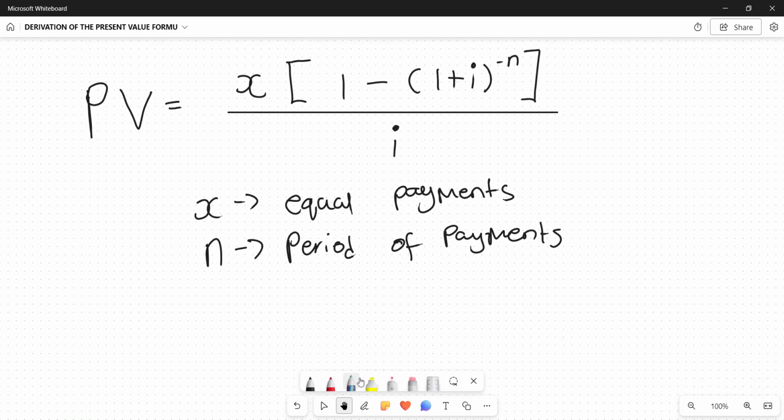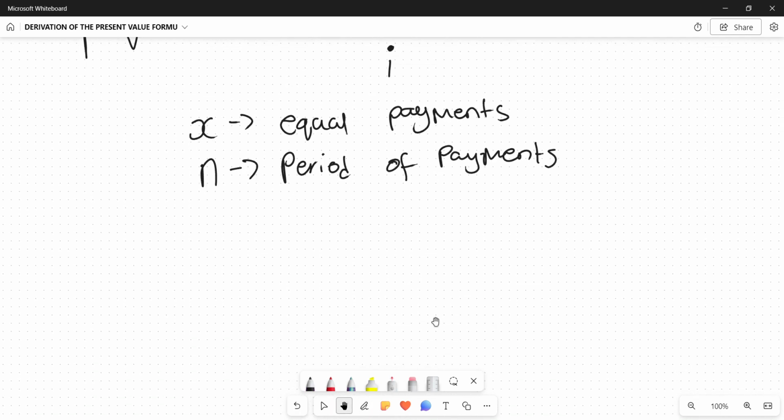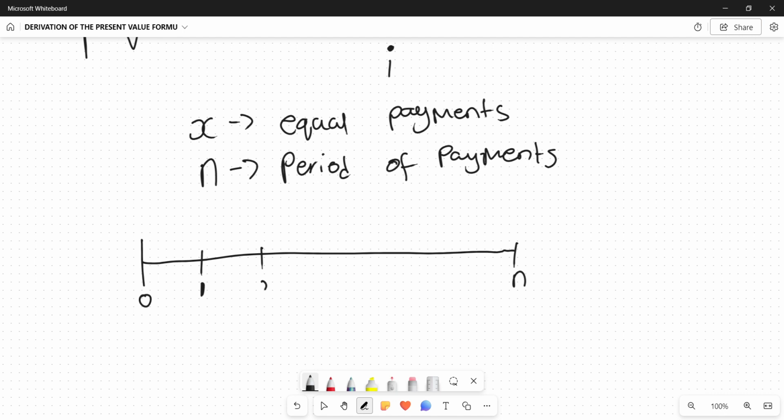Now suppose that we pay this series of x payments at the end of each time interval. I'm going to draw a timeline here to demonstrate what we mean by this. We have a time period from time 0 to time n, with time intervals 1, 2, 3, and so on.